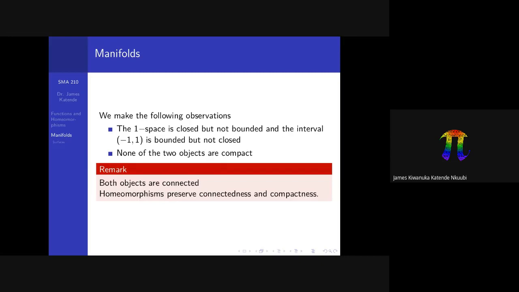An example is a sequence of points which take the form n over n plus 1, where n runs from 0, 1, 2 and so on. That sequence will converge to 1, and n over n plus 1 are points inside this interval. Yes, they converge to a number that is not in the set. So this is not closed. The example I've given is the sequence n over n plus 1.